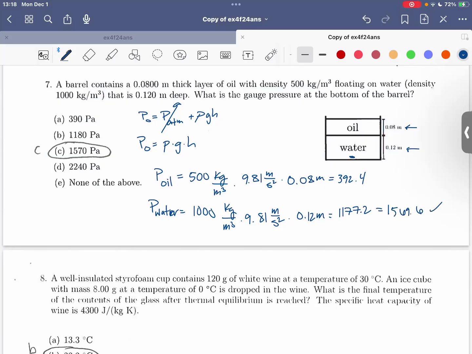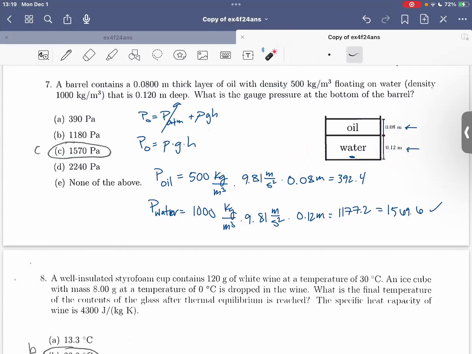Maybe you're tempted to make the height of the oil 0.08 plus 0.12, but don't do that, because that would be assuming that the whole barrel is oil, like the whole 0.2 meters is oil.